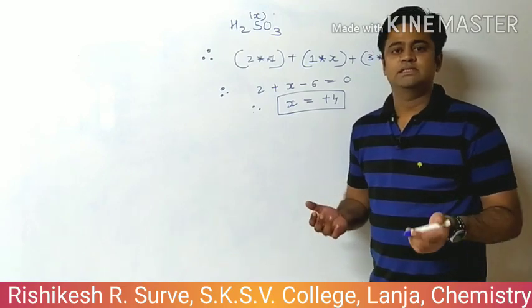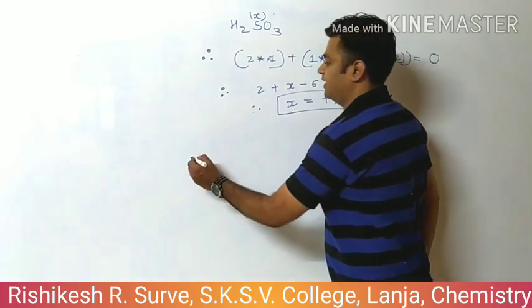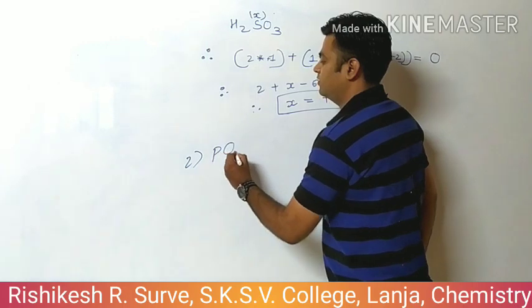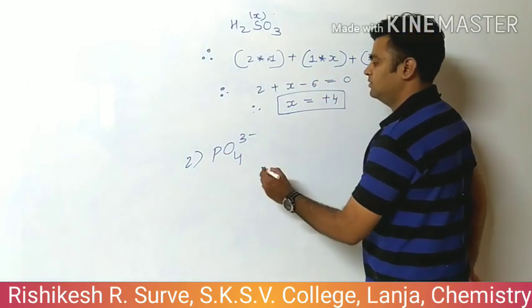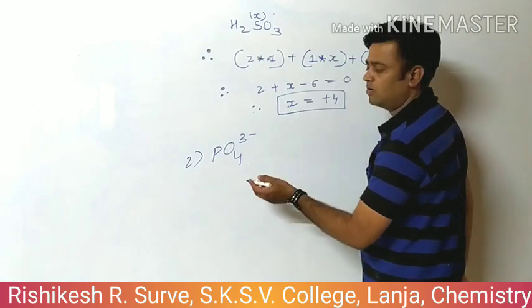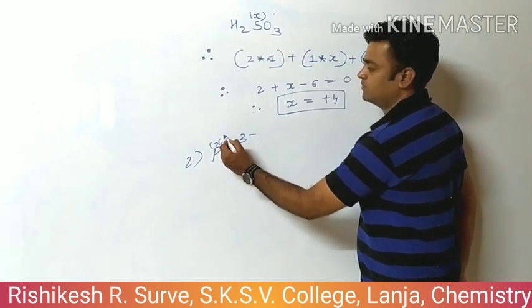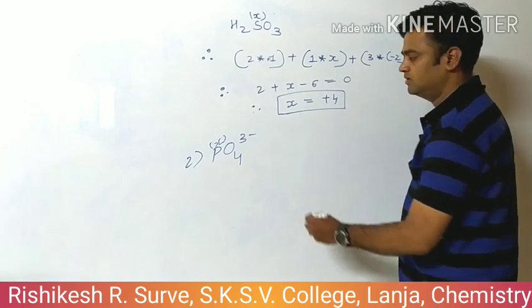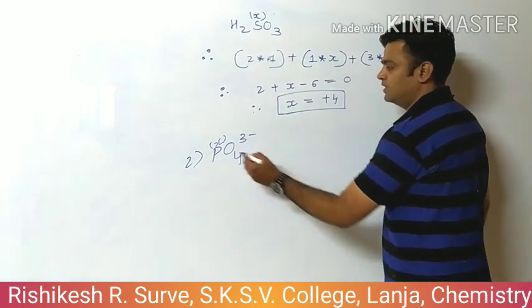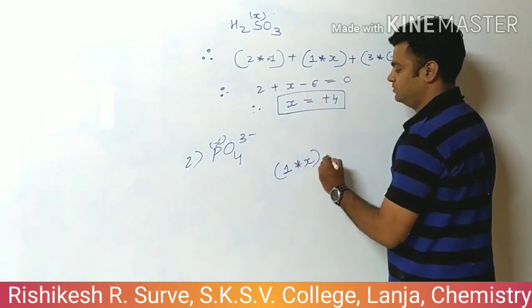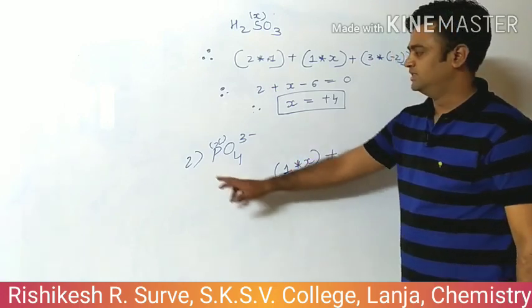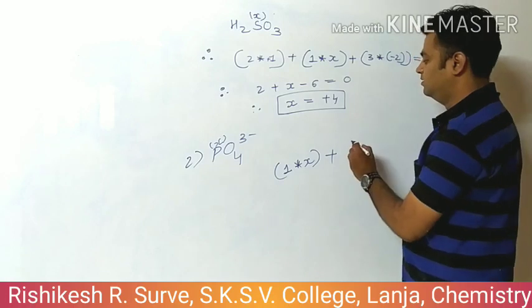Next example we will see phosphate, PO4 3 minus. Let me find out the oxidation state for phosphorus, and let it be X. Then there is only 1 phosphorus, 1 into X. We are changing the atom, positive sign.